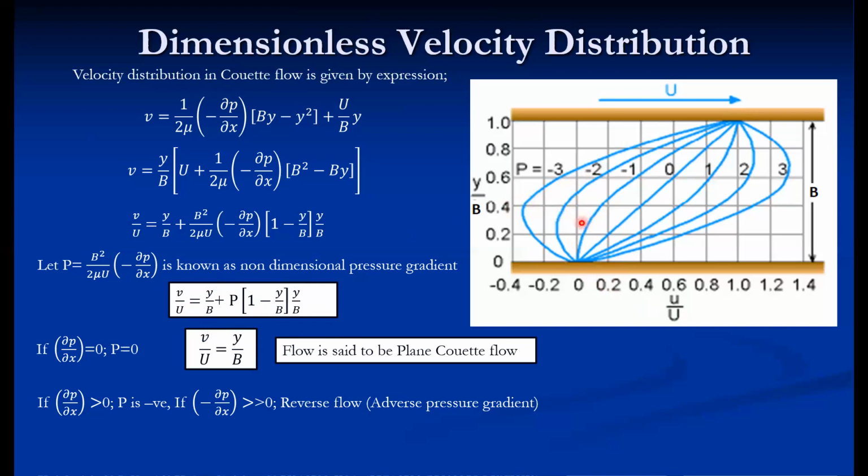So in these cases, here also it is negative. But when the P value is -1, that is when the pressure gradient is positive, V by U is still not below 0, and there is still no possibility of reversal flow.